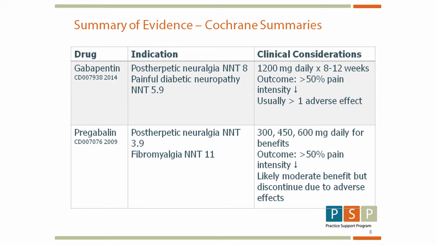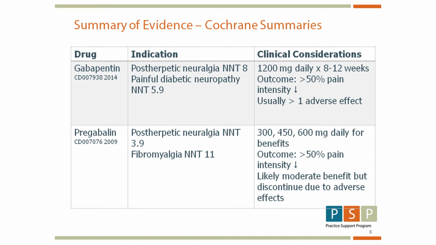In particular, though, I wanted to highlight the study data with gabapentin in the use of postherpetic neuralgia and painful diabetic neuropathy. And so you can see here the numbers needed to treat are moderate, somewhere between 2 to 5 in most pain syndromes. It gives you confidence of its efficacy in its use.